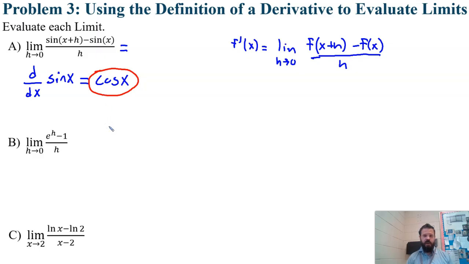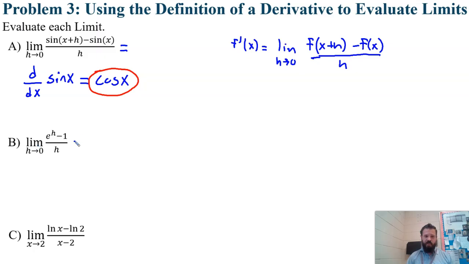All right, let's take a look at another example. Kind of the same thing here. We've got the limit as h goes to 0 of some functions with an h on top. So it looks like this is using our definition of a derivative. The trick is I don't really have the x's in here. I've got a 1. So it looks like what we're doing is evaluating the derivative at a specific point.